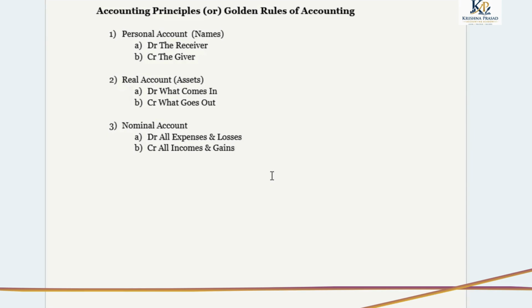That's why the principle comes here. What is going out of the business, we need to debit, and what is coming to the business, we need to credit. Income always comes with a credit balance, and outstanding always comes with a debit balance. That's why the nominal account is completely different. It doesn't follow the dual aspect system.